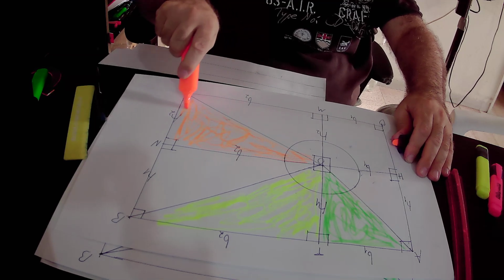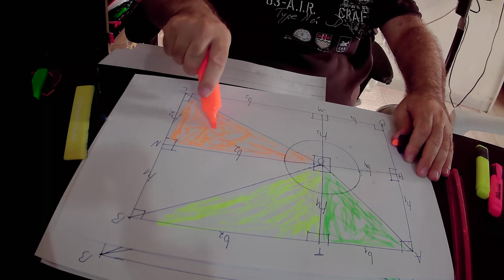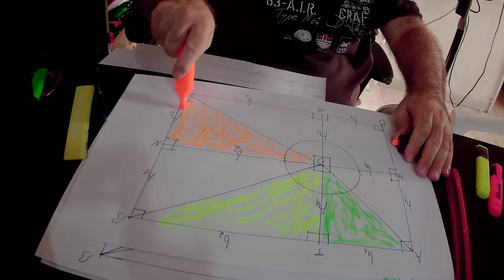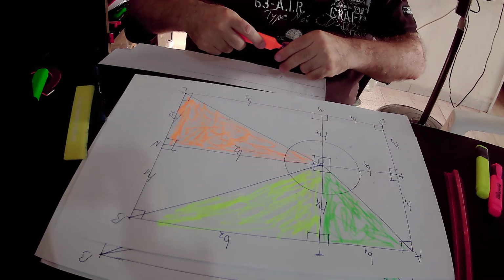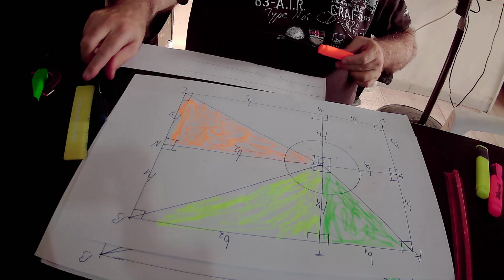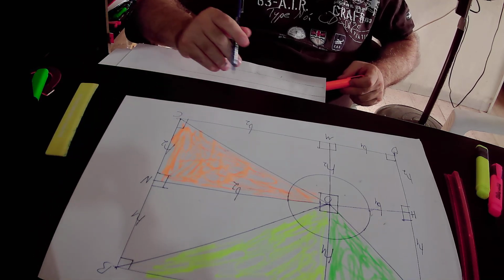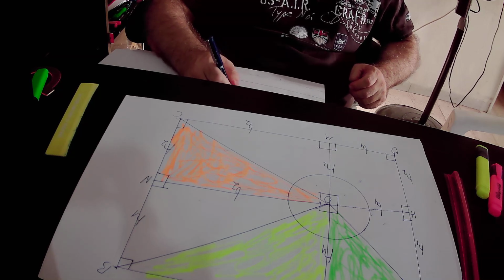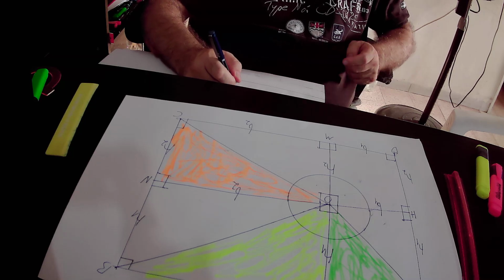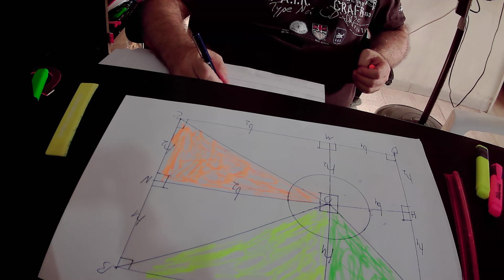According to the Pythagoras theorem, CO square equals B2 square plus H2 square.